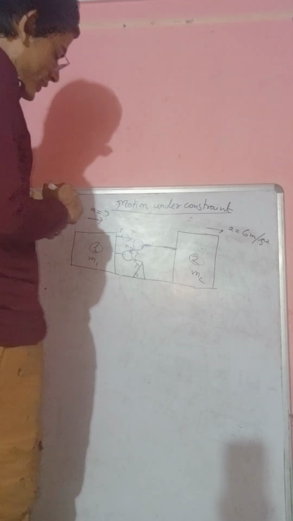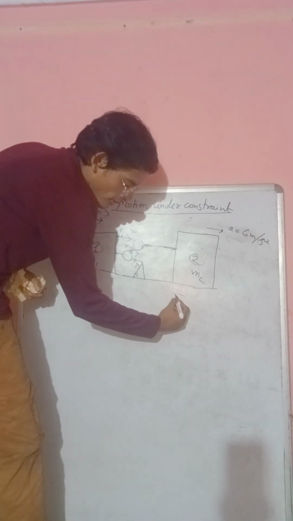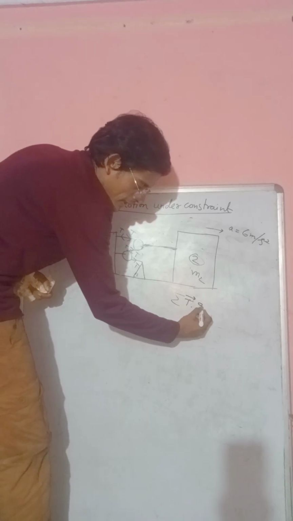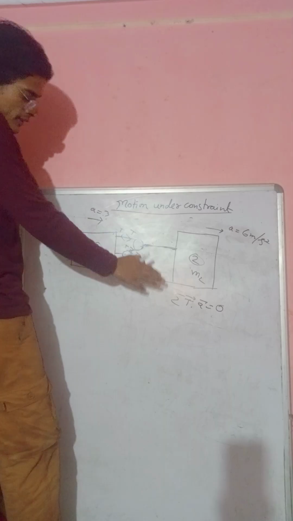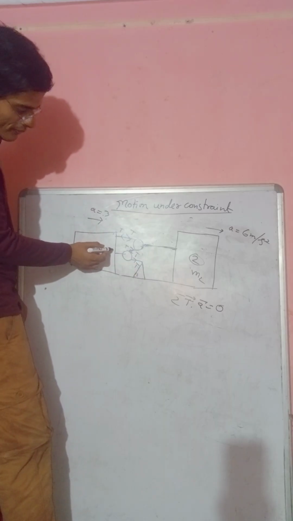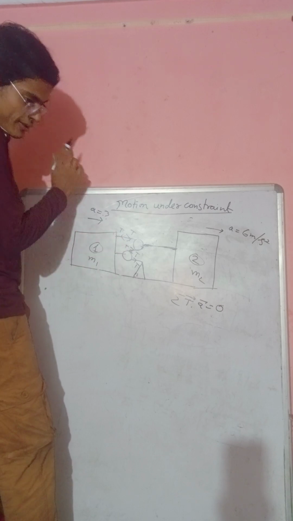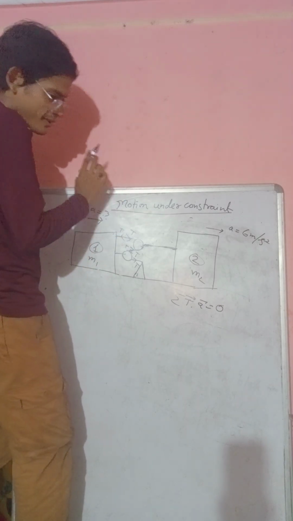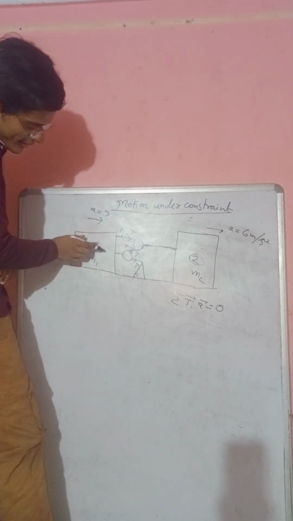Now let's see. Here again we will use the same condition, T dot A equal to 0. So for the first block, tension force will be this much, this plus this, okay, this plus this plus this, because this is attached to this one also.